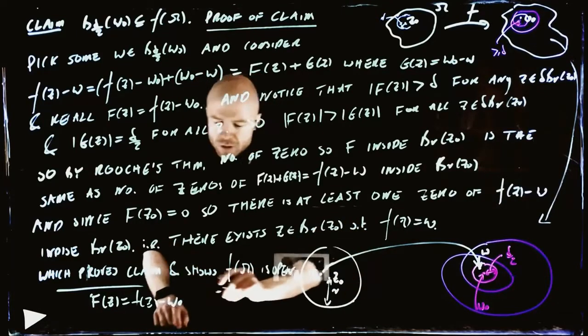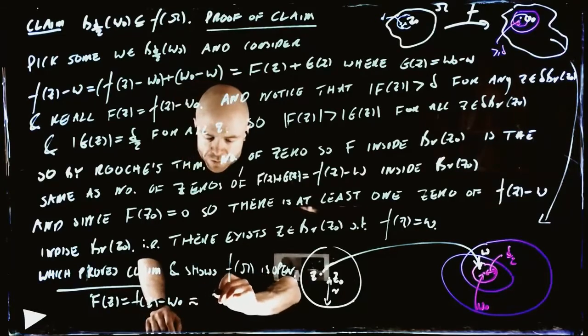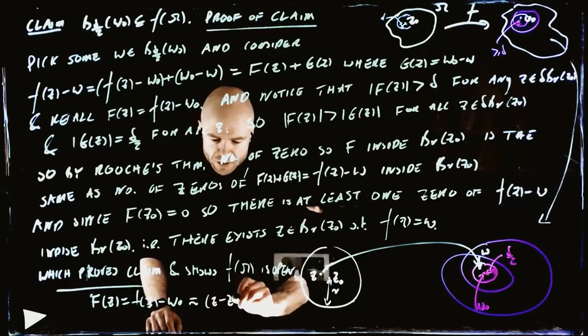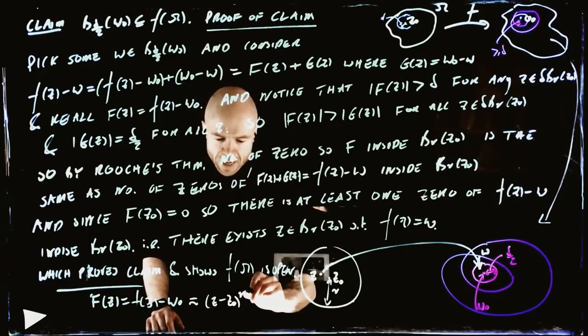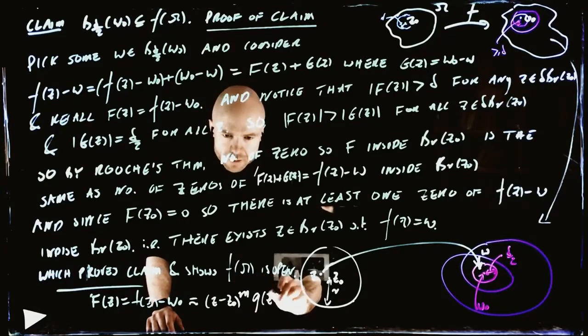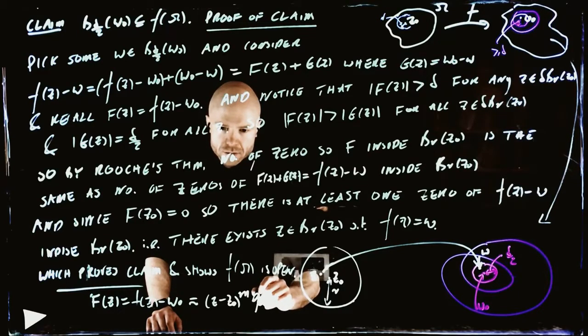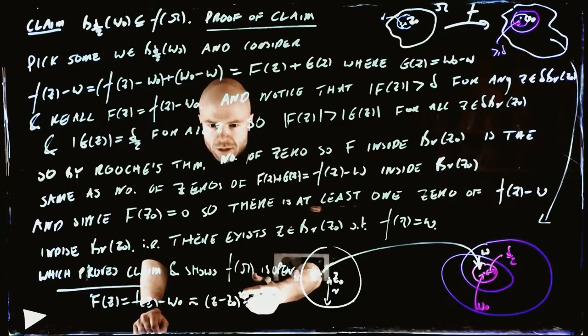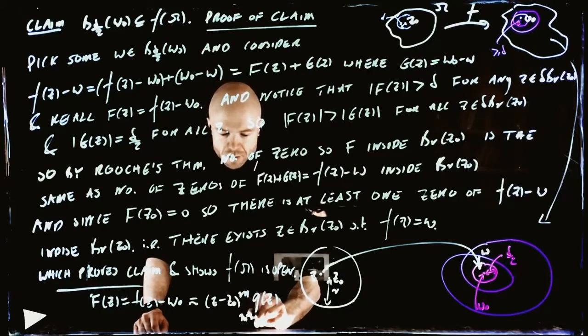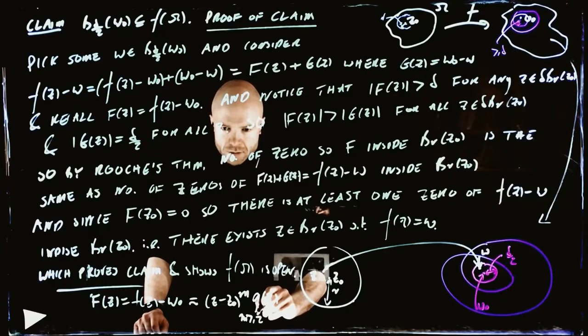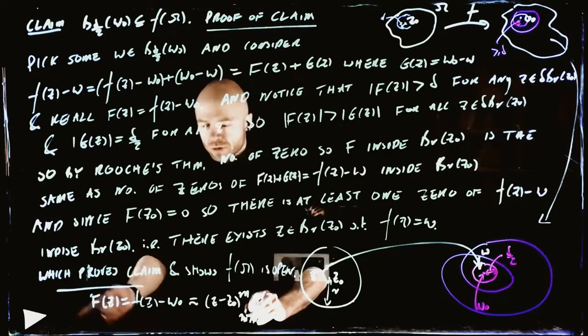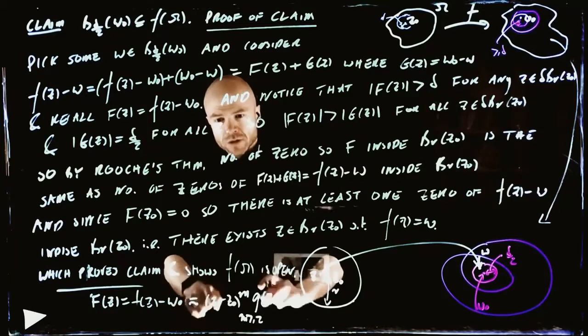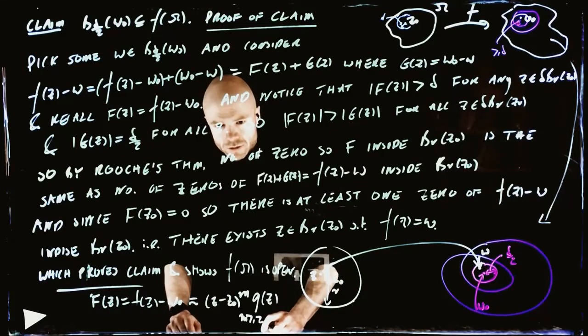So this will be like z minus z0 to some number m times g of z, where m is bigger than or equal to 2. Because then if we differentiate this, the derivative will also be 0 at z0.